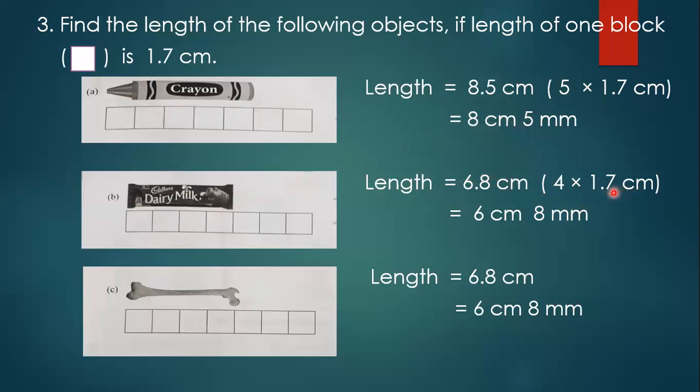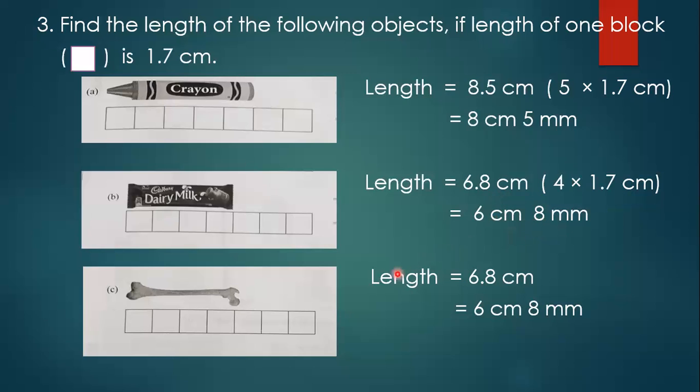Without considering the point, we can take it as 17. 17 fours are 68. Then we will place the decimal point. So it will be 6.8 centimeter. And using centimeter and millimeter, we can say it is 6 centimeter and 8 millimeter.